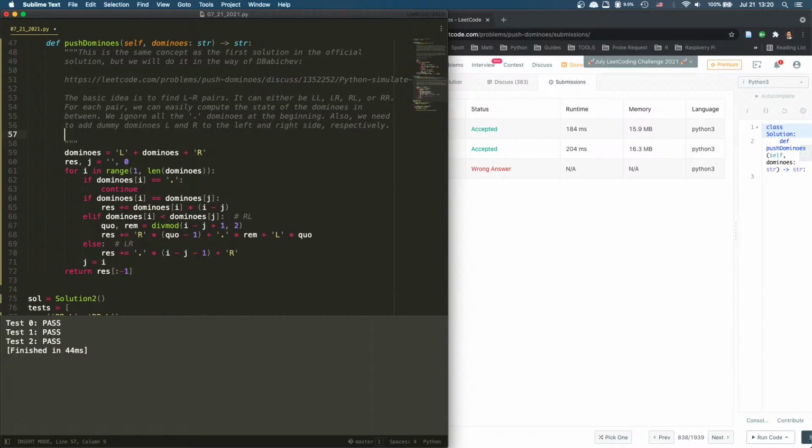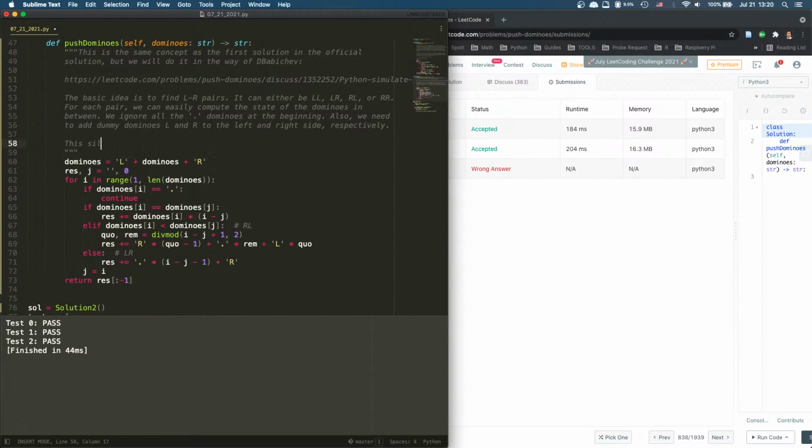Okay, so this solution always includes the right side. How should I describe it?